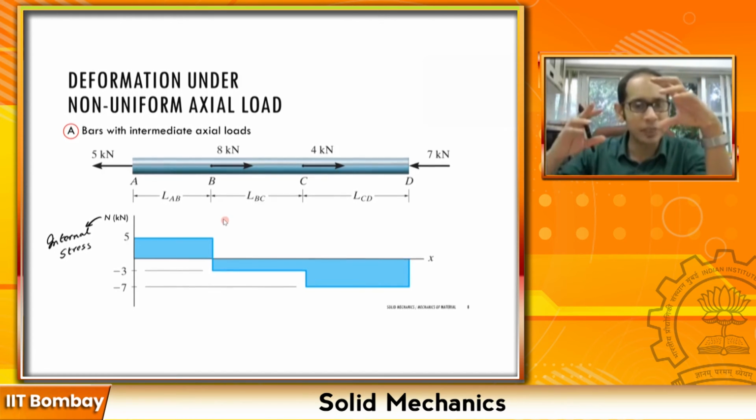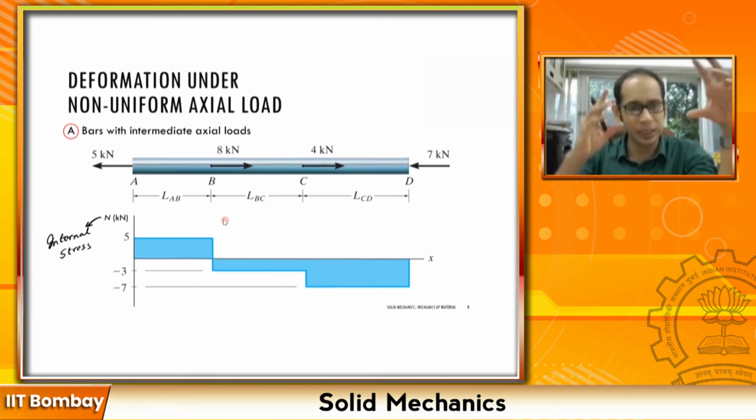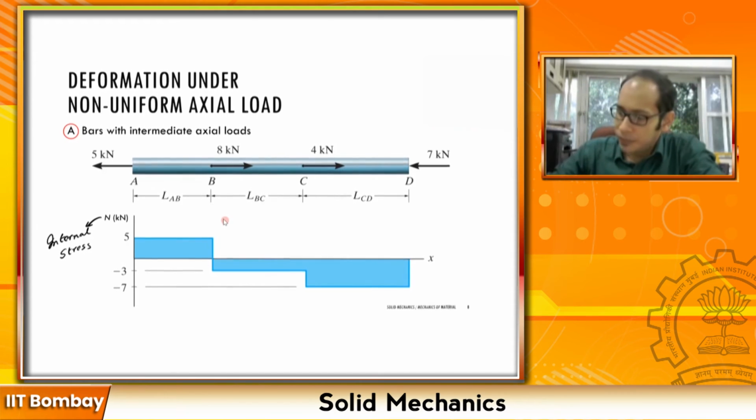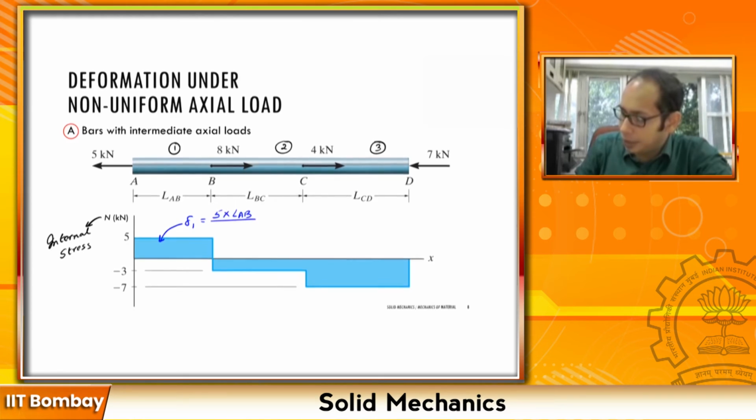Well, to look at the deformation of the total bar, let's again look at these individual bits. For the section from A to B, if I mark these sections as 1, 2 and 3, for the first one I am going to have delta 1 equal to 5 times the length of AB divided by the area times E. A and E are the same across this entire length, right?